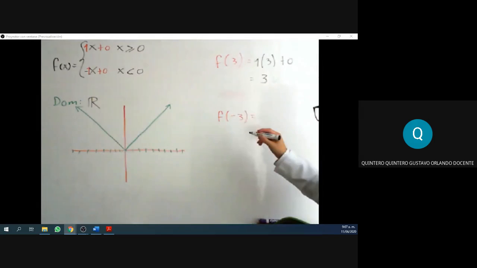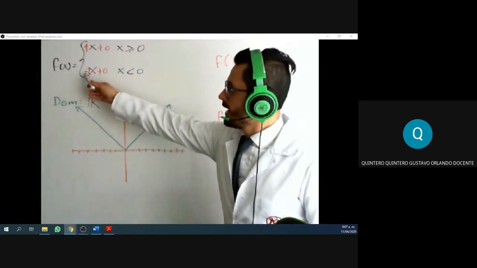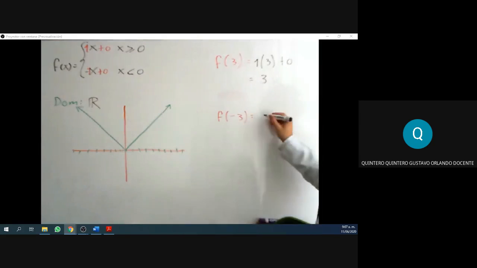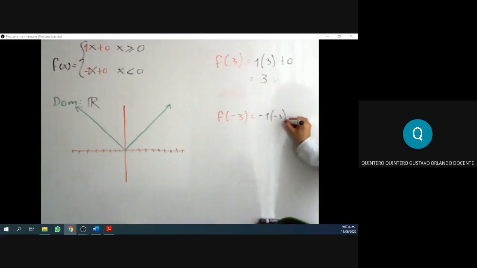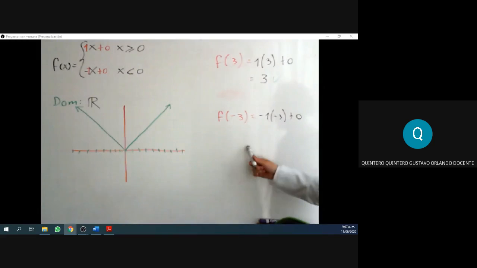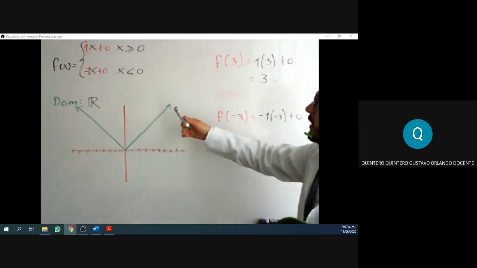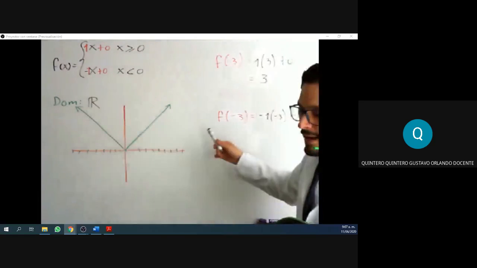If I do that replacement, I'm going to have negative 1 times x plus 0. So negative 1 times negative 3 plus 0. I just did the replacement. Instead of x, I'm going to write negative 3. That is what I did.